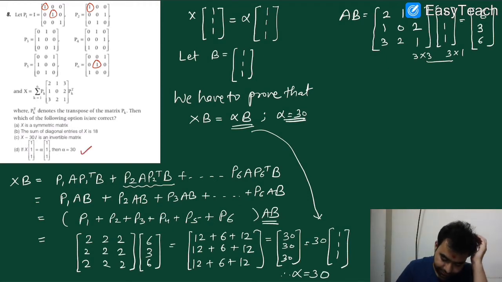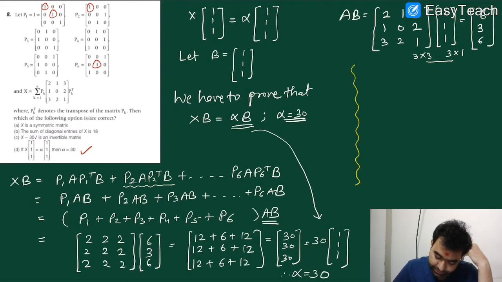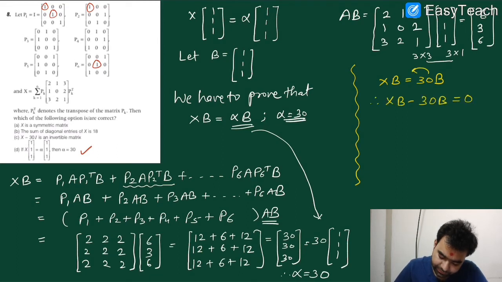Okay. Now till now we proved that XB is equal to 30B. Okay. Now if I shift this to the left hand side, XB minus 30B is equal to 0. So if I take B common, I'll get X minus 30 times identity, into B, is equal to 0.